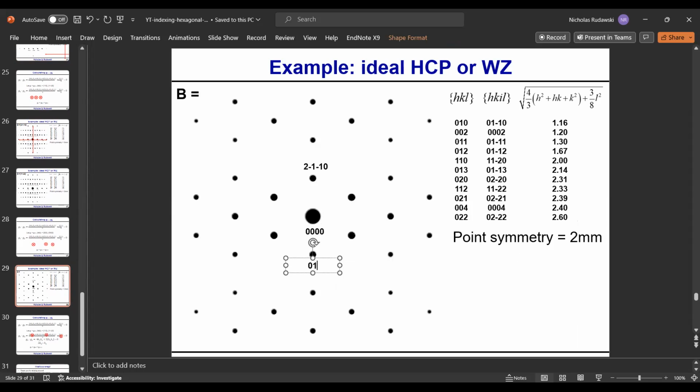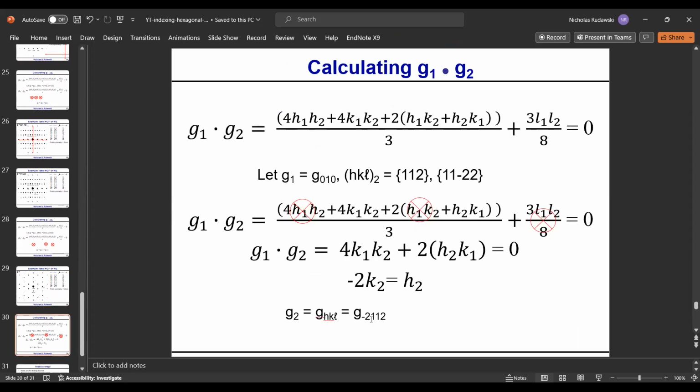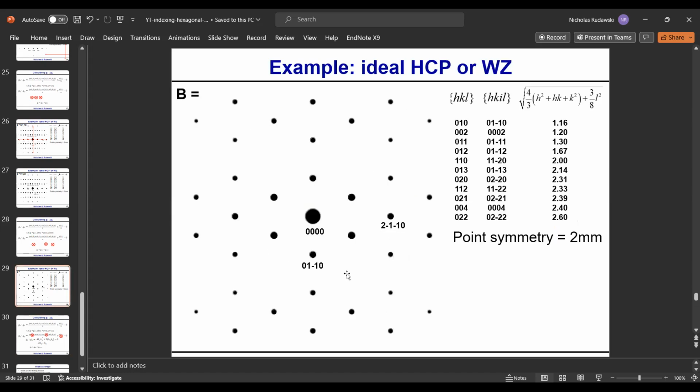So that's 0, 1, 1 bar 0. We're converting to 4 index notation. And then we're going to use 2 bar 1, 1, 2 for my solution, I should say. So we have 2 bar 1.